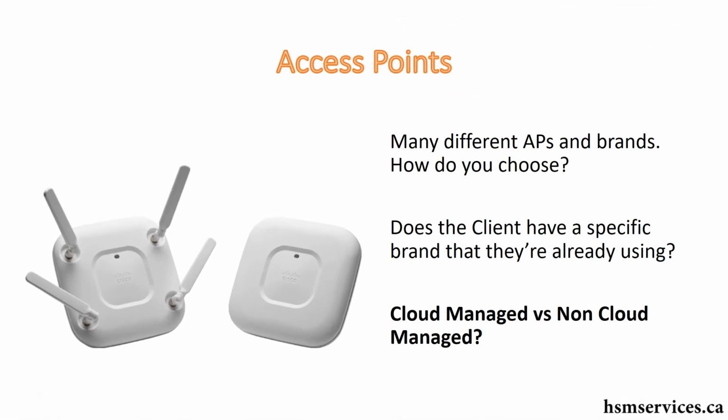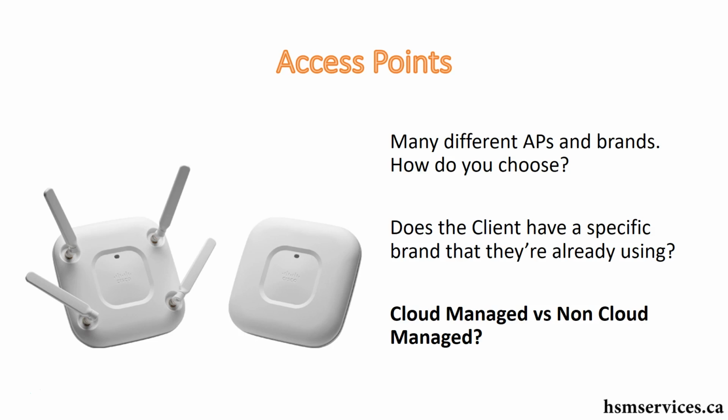And then access points. There are many different access points, brands and manufacturers, and how do you choose which one is right for you? Here we have a Cisco access point, but you don't necessarily need a Cisco access point. Does the client use an access point brand already? If you're adding to the Wi-Fi, you're probably going to be using the same types or manufacturers that are already in place.